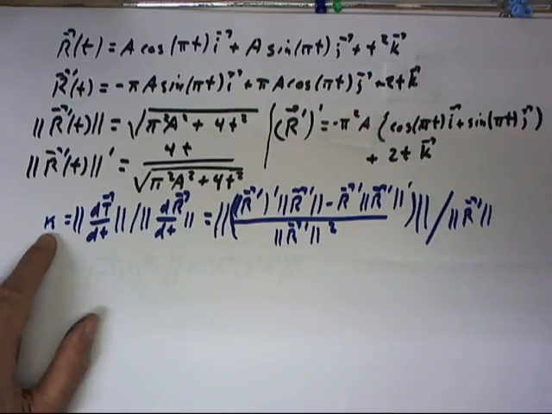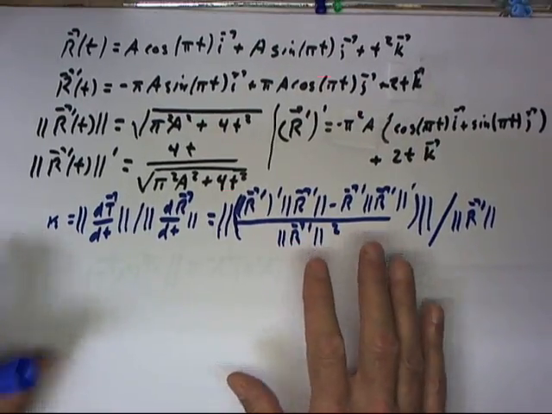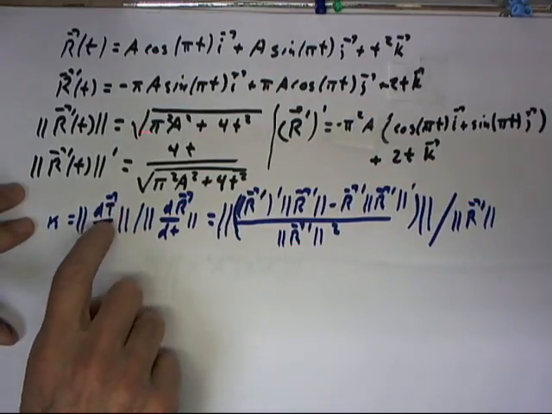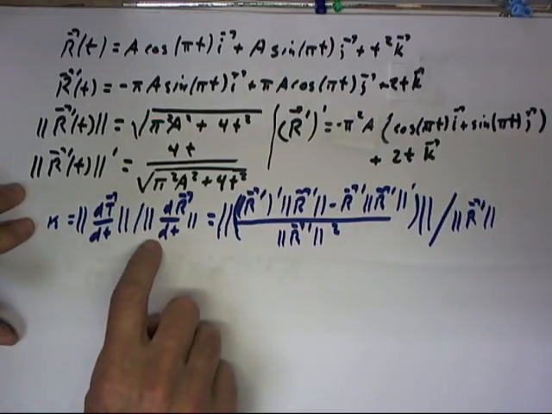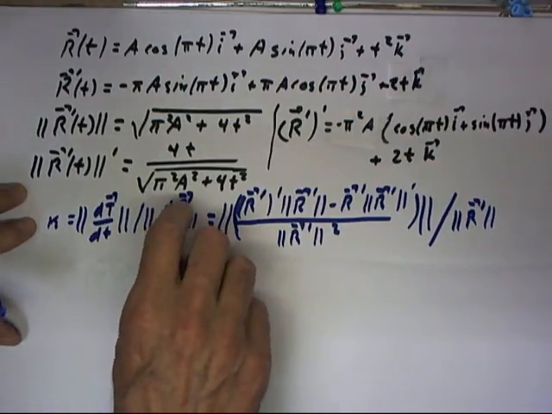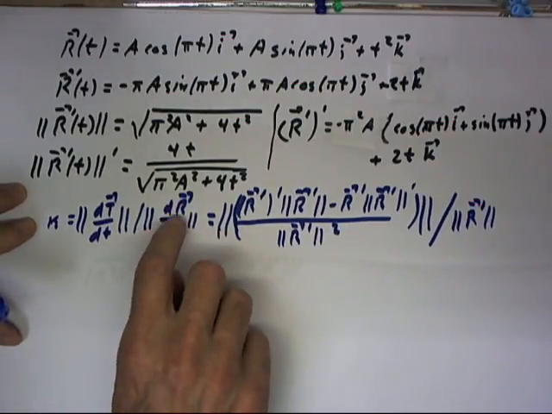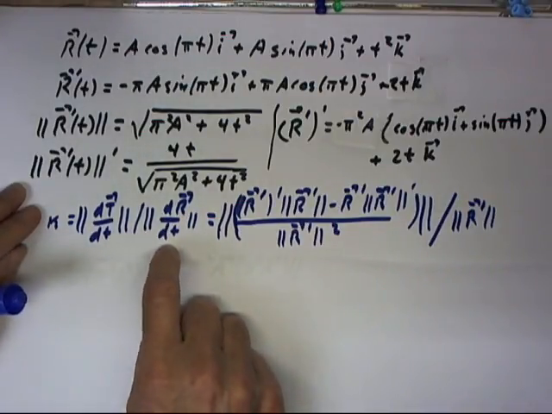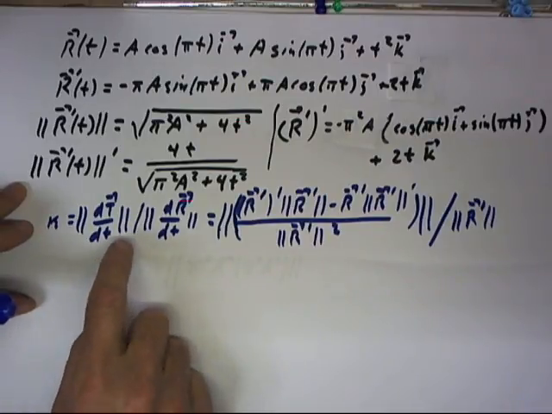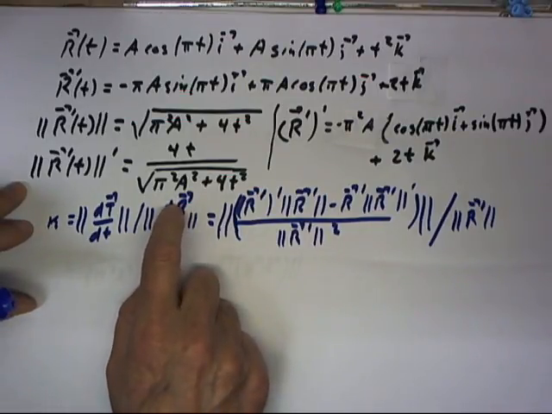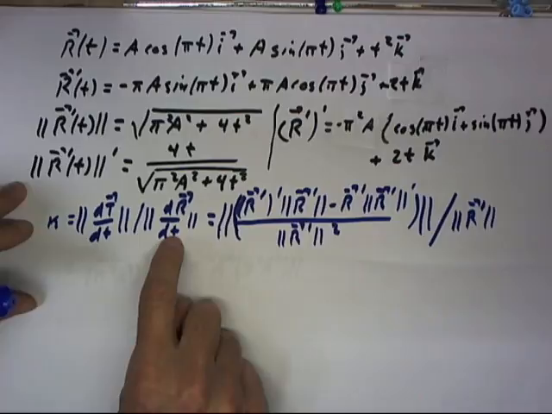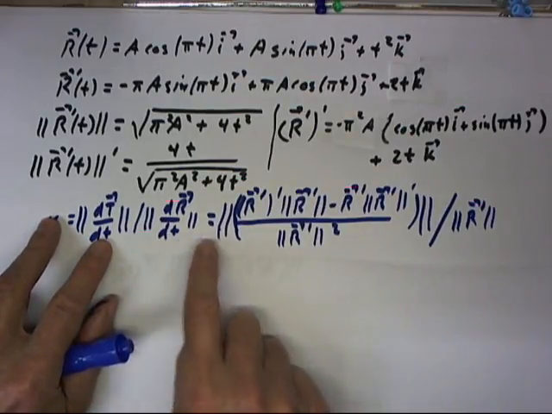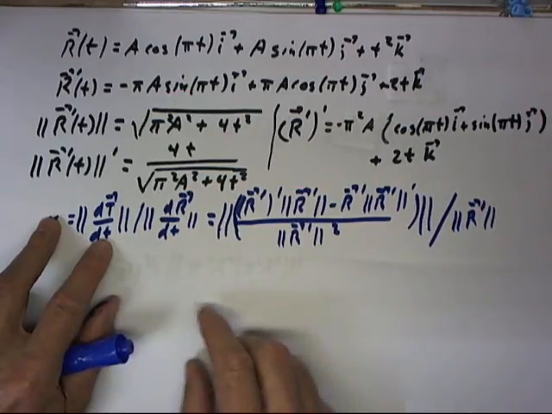Our curvature, as we've pointed out previously, is just going to be the magnitude of the derivative of the unit tangent vector with respect to t divided by the derivative of the magnitude of dr dt. That's going to give us dT/ds, because this is actually ds/dt. So the calculation is fairly straightforward at this point. We just have to keep track of everything, and of course that's a little bit challenging.